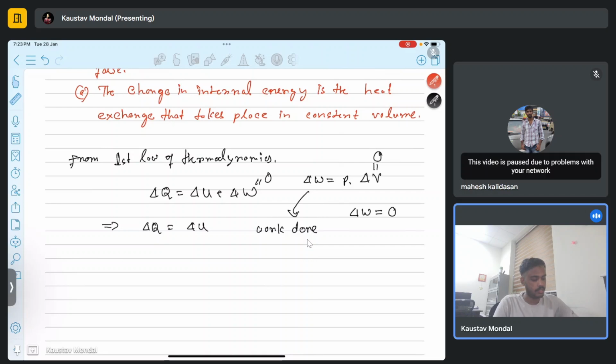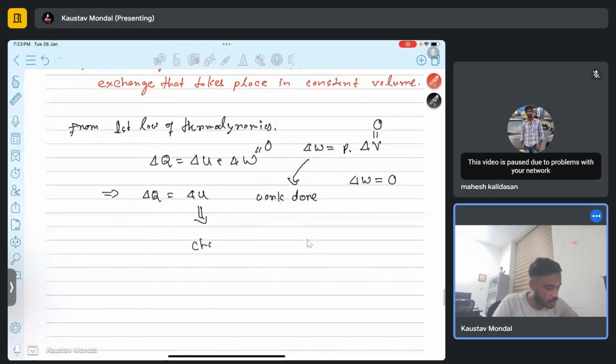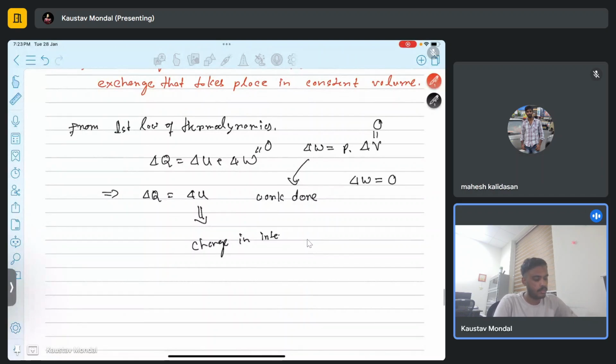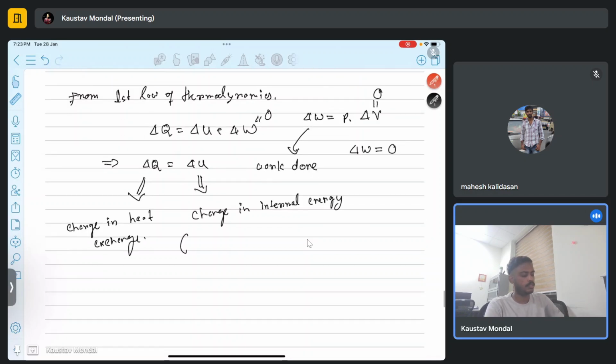So this is the change in internal energy, and this is the change in heat exchange, and this whole thing is at constant volume.